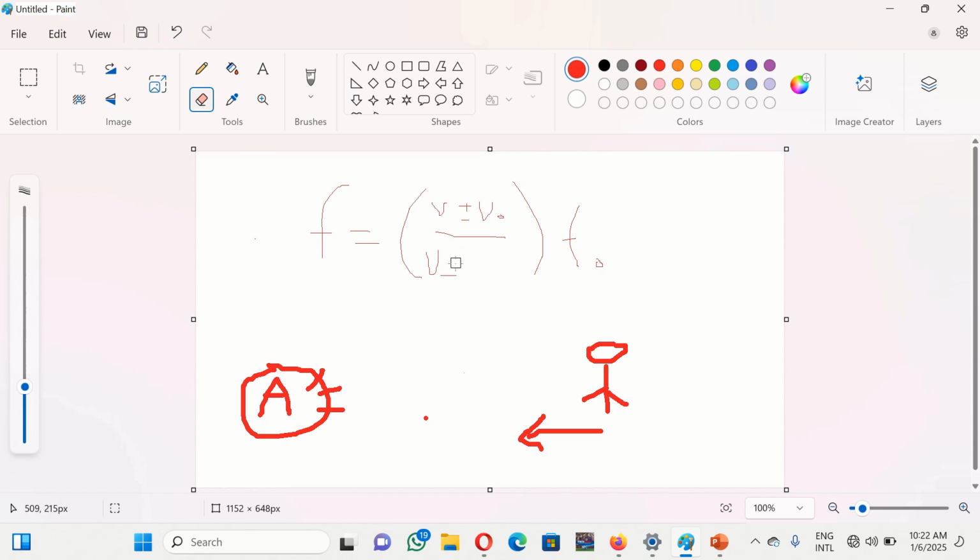So we can take this out, and then we will still have our V here, not Vs, because Vs is 0. Now, this is moving towards it, but it hears the frequency increasing at a higher rate as it moves towards it.